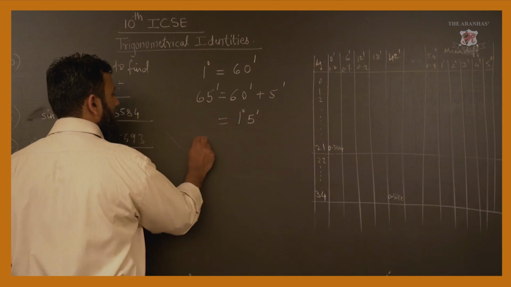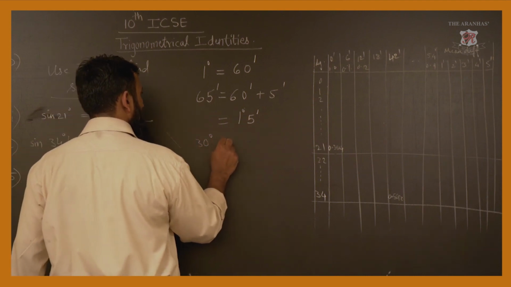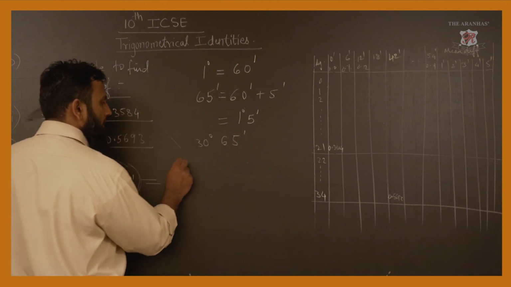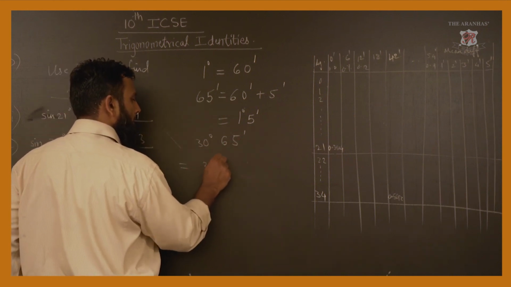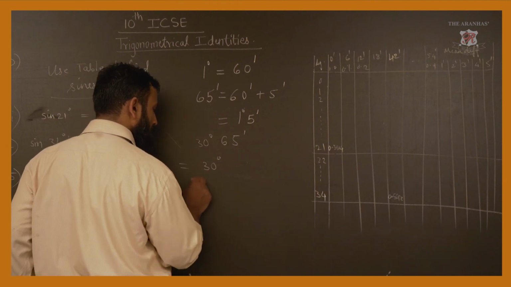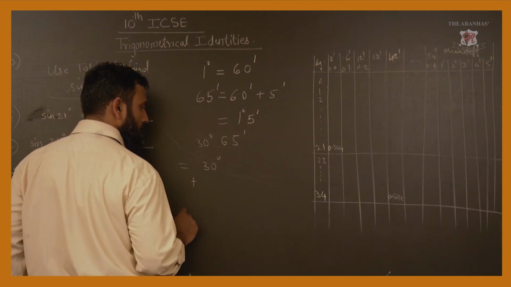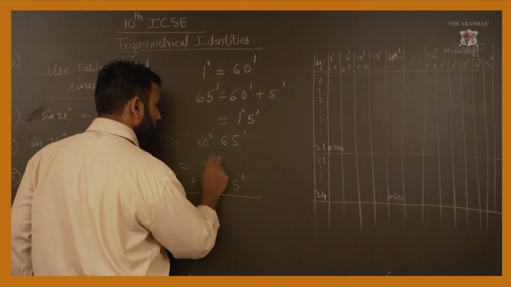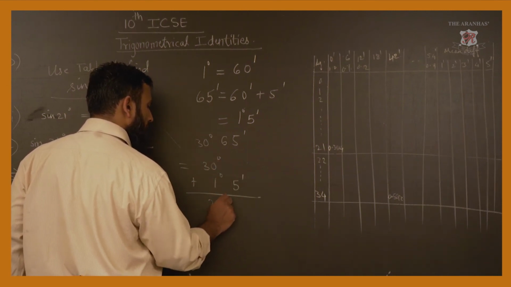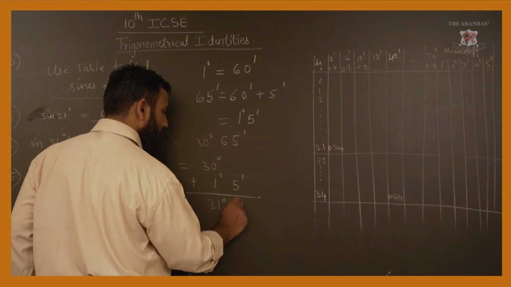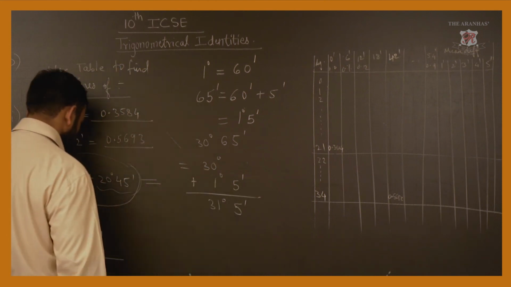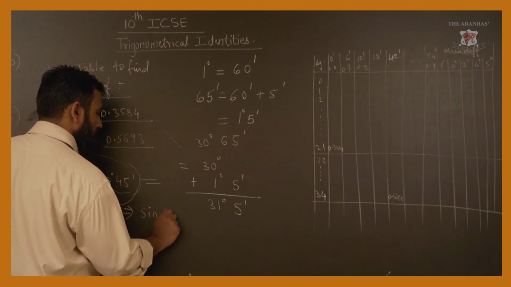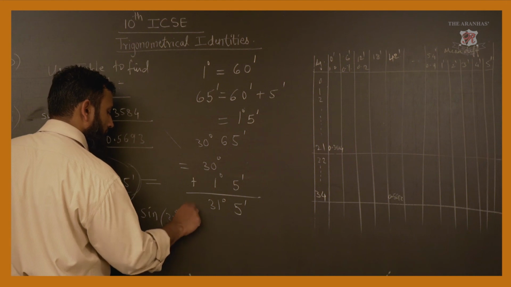So 30 degree, 65 minutes can be written as 30 degree plus 1 degree 5 minutes. So the total comes out to be 31 degree and 5 minutes. So this question is as good as writing sine 31 degree 5 minutes.